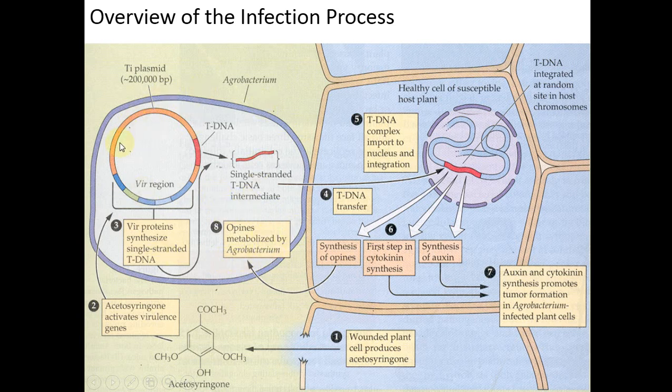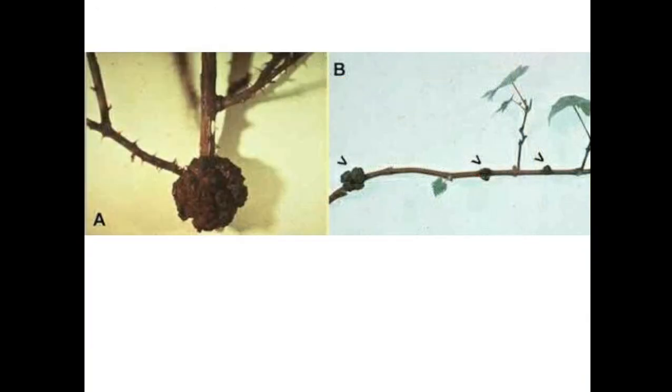These are used by bacterial cells as their carbon source, which are present near the roots of the plants. So this opine increases the growth rate of organism, and auxins and cytokinins increases plant cell growth and forms a crown gall or a tumor. Okay, so this is overall infection process. See, this is the tumor which is formed because of agrobacterium.